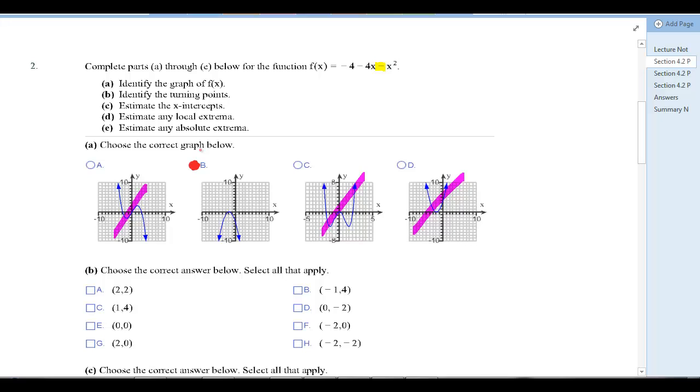B says identify the turning points. So let's look here. What do we have? That is at -1, -2, and 0. So we want to look for that, and here we go. It would be that one.